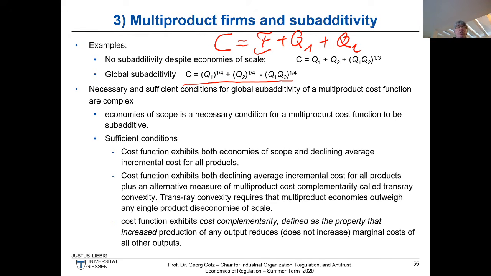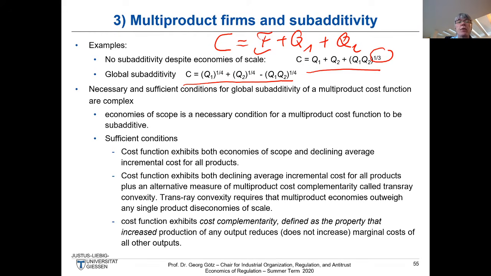Here we have, in particular, I think this is slightly too small a font even for the slide here. But what you see here is really a strange example. Here you would have economies of scale because you have the 1/3 up here.